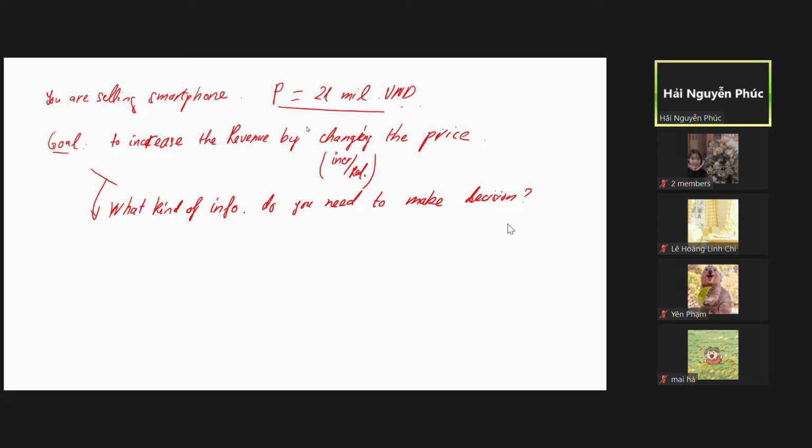All right. Can say that we need some information on demand. That's correct. But try to be more specific on this. Of course we need information about demand. Try to be more specific about what exactly we need from demand information.